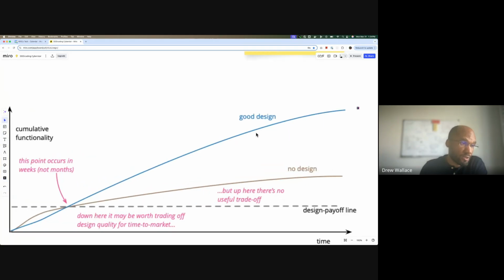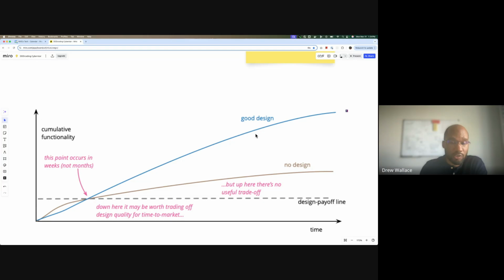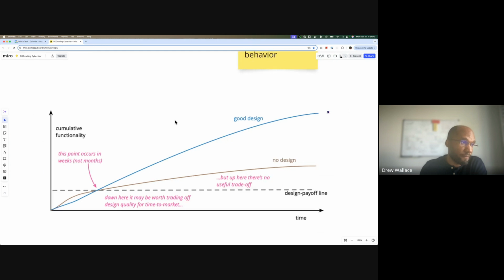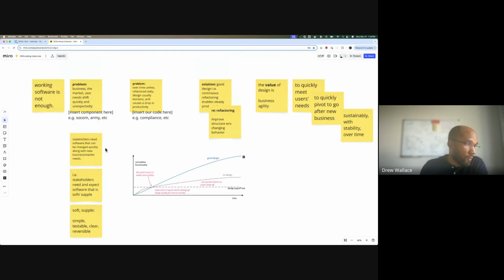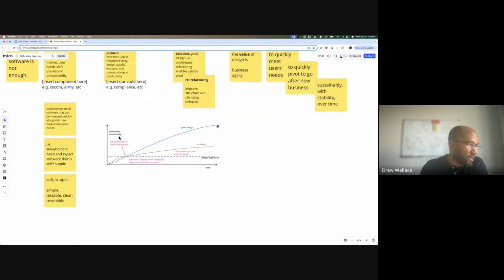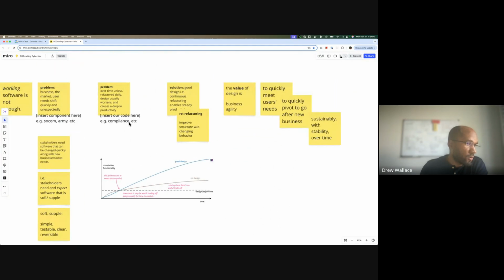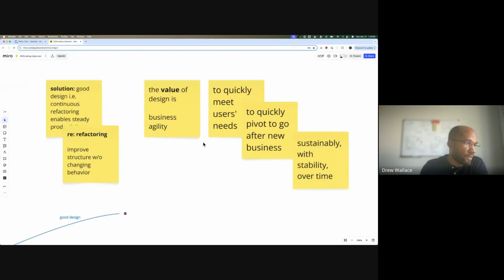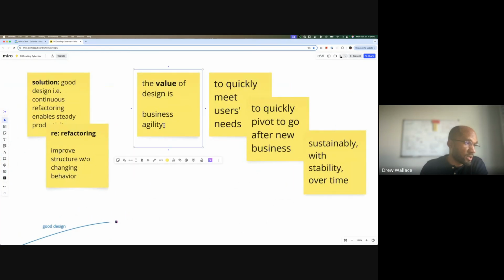And there's money behind these decisions. This is purely an economic decision, as you can see, because this is cumulative functionality, right? More functionality shipped with better design. All these tickets basically reinforce this idea. So the value is business agility.